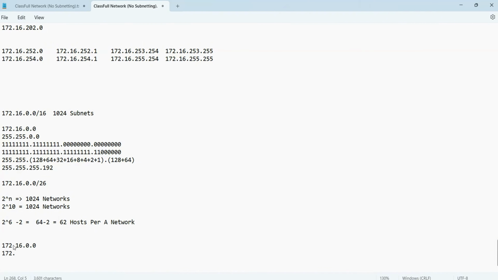What is the next network? Watch this, pay good attention. 0 dot 64. Then the third network is 0 dot what? I add 64, 128. So this is 0.128. Then I add another 64, 0.192.